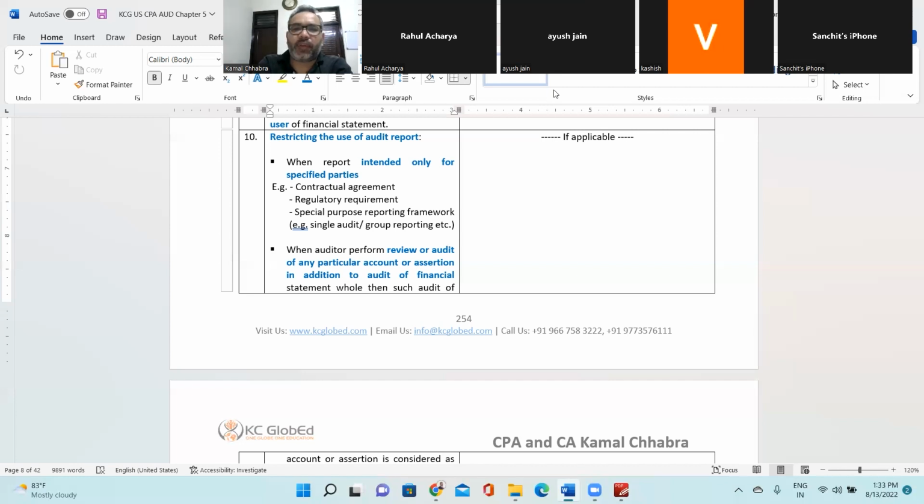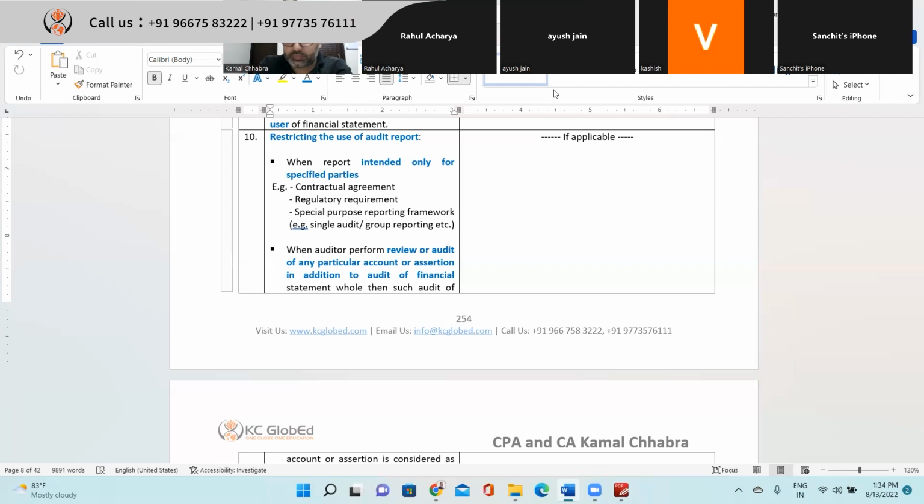Or, if you are doing any regulatory audit, for example where a regulatory authority has appointed you to conduct the audit of a particular company, you'll be conducting the audit of the company but reporting to that regulatory authority only. In that scenario, you can restrict the use of the audit report.